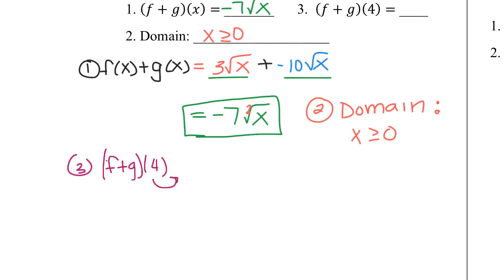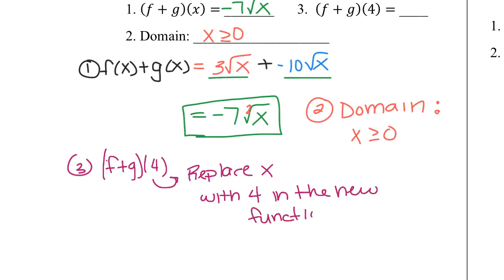All this means is replace x with 4 in the new function. That's all that means. So to evaluate this, we're going to take this new function we found in step 1, negative 7 square root of x, and replace the x with a 4.